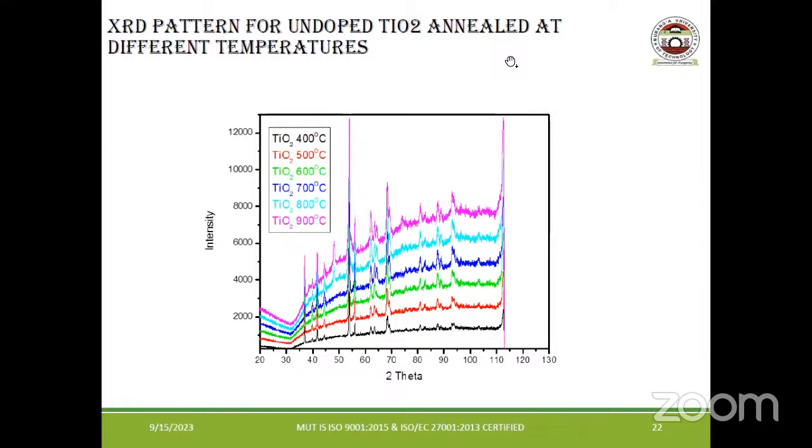The furnace is able to work within a range of 200 degrees Celsius to 1200 degrees Celsius. So they were trying to find the optimum temperature which can be used to synthesize or be able to combust this TiO2 in the furnace.